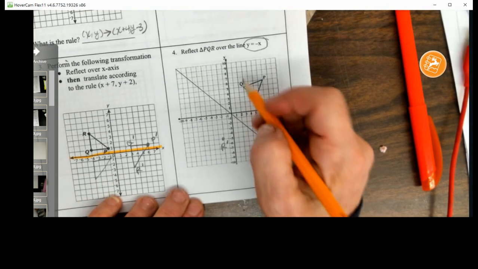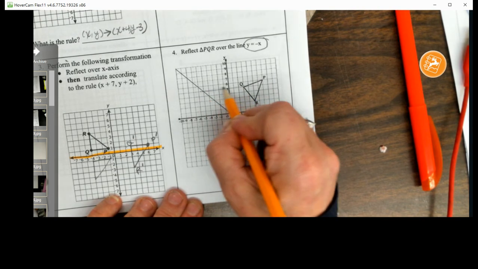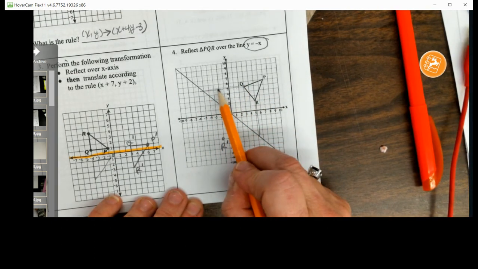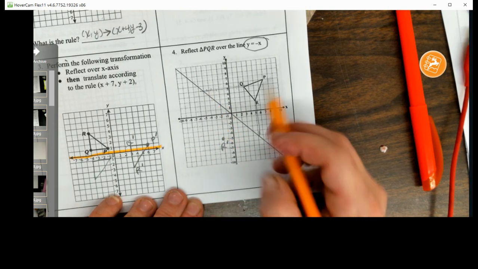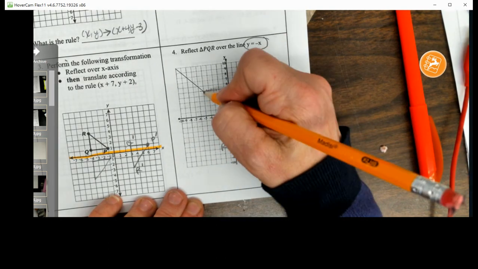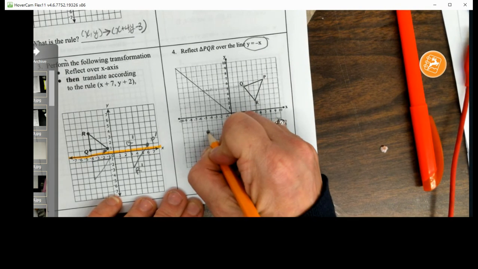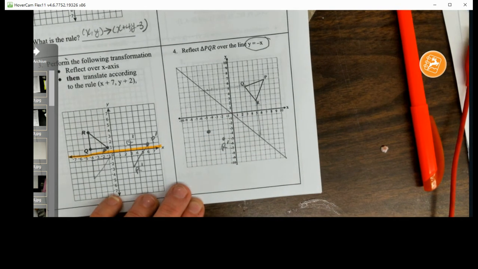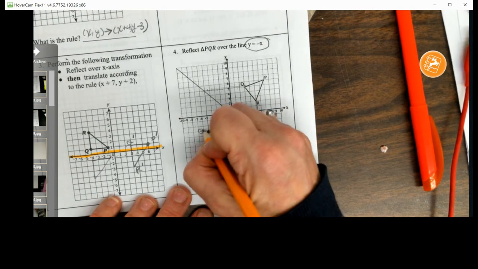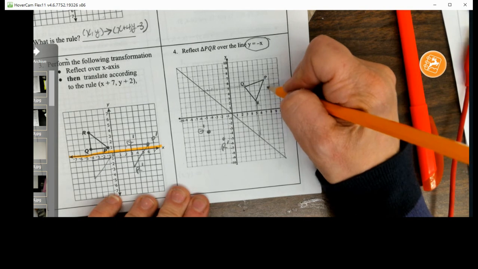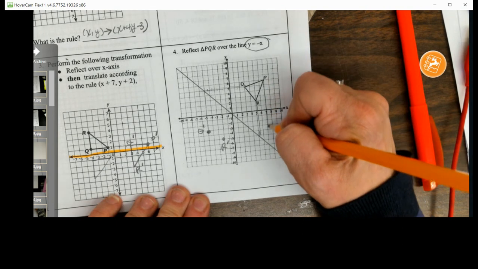Okay. So this is 1, 2, 3, 4, 5, 6, 7, 8. And this is 8 over here. Okay. And so this is Q prime. And the last one is P prime. I count down to the line of reflection.